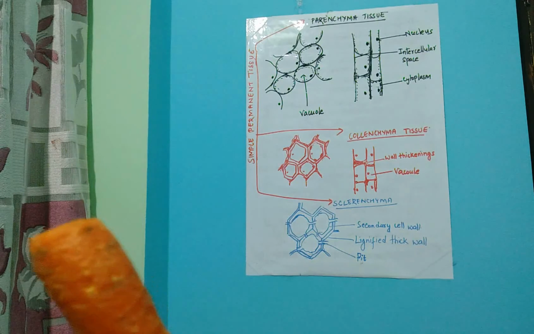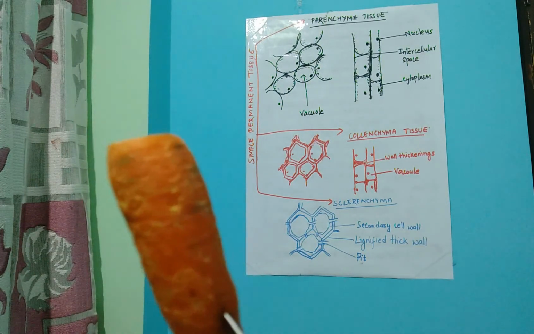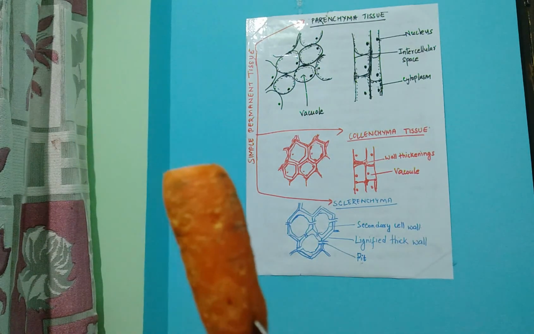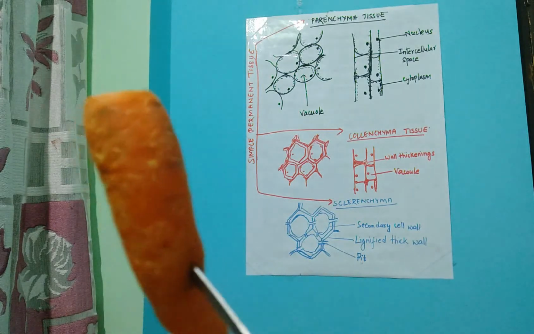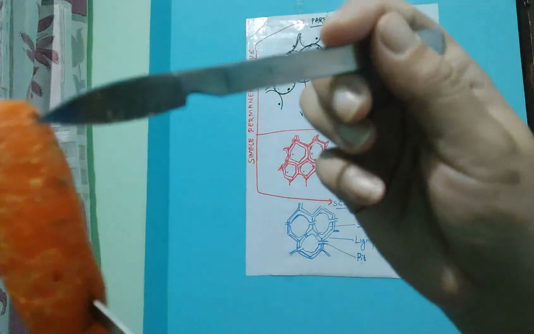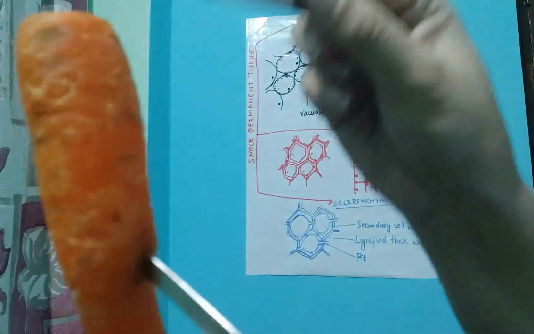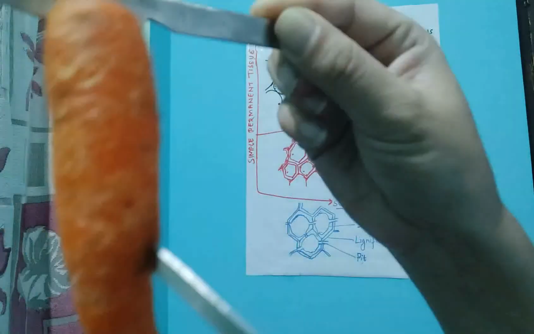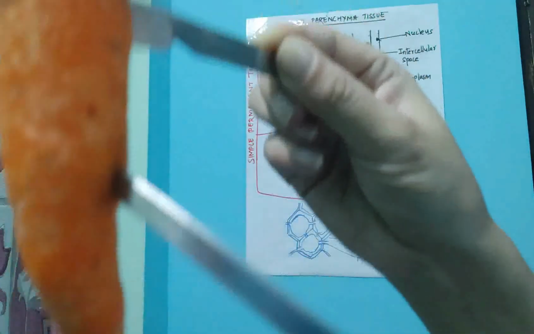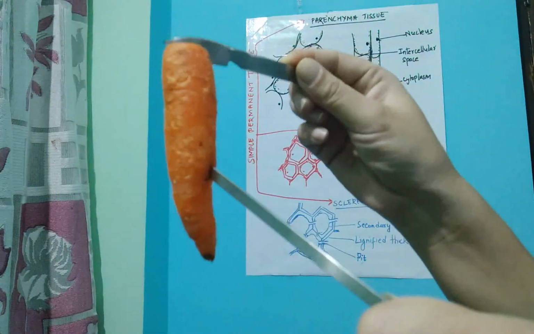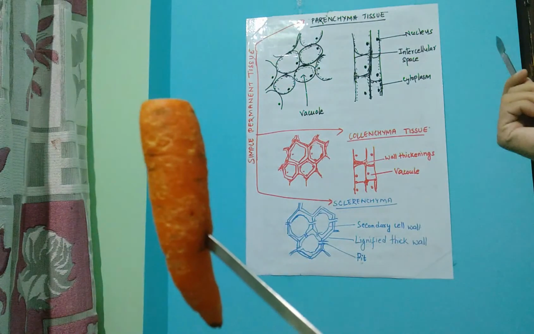Now, what do you mean by transverse section and longitudinal section? So, let us see. Longitudinal section means length. When you cut along the length like this, it is called what?